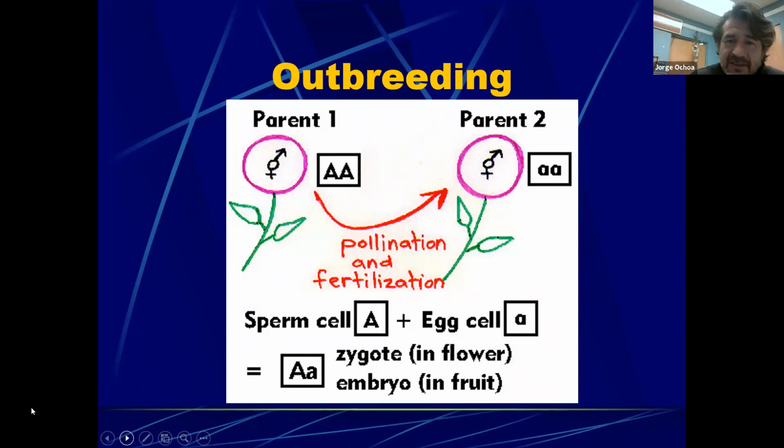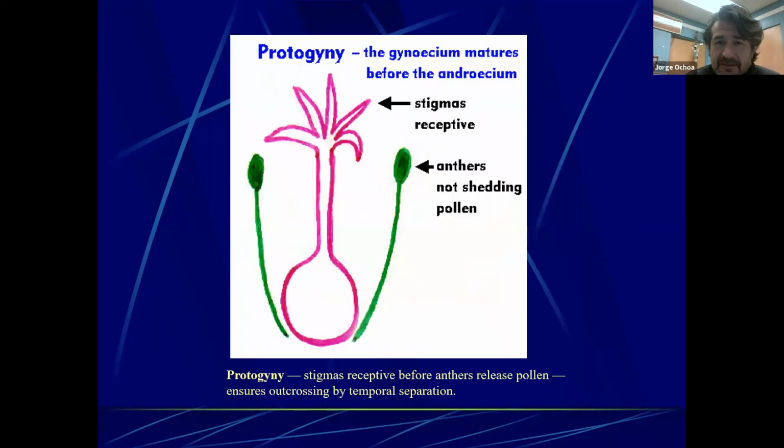So here, just to delineate, we have the parent plant as a double capital A, and the second parent plant, or the pollen donor versus the egg donor, as the lowercase, just so that you can see. And so when they cross, or when the pollen from parent 1 goes to parent 2, then the offspring is going to have the capital A and the lowercase a as well. So it's a combination of both parents.